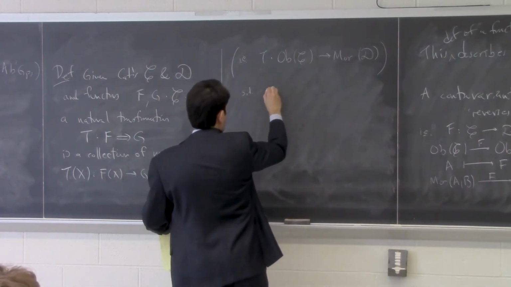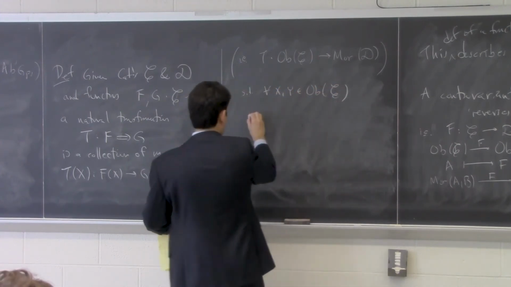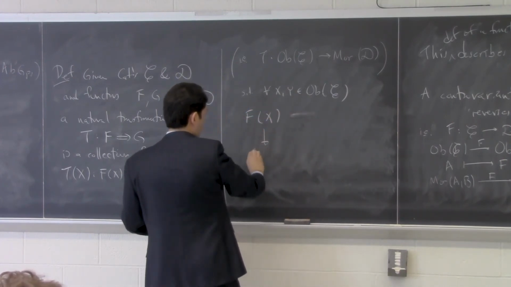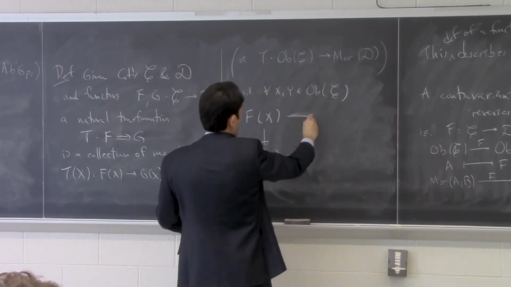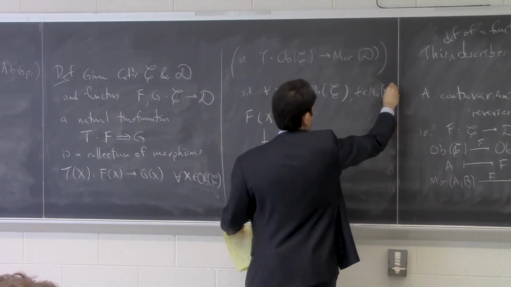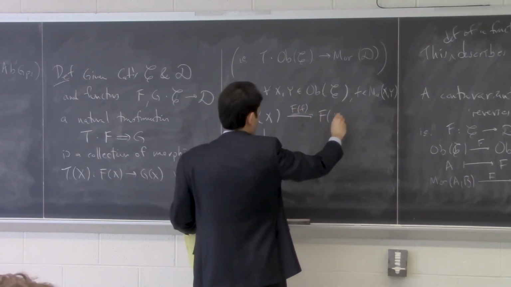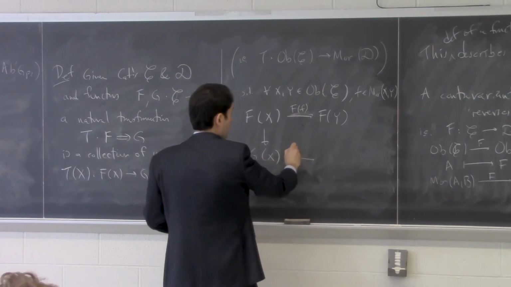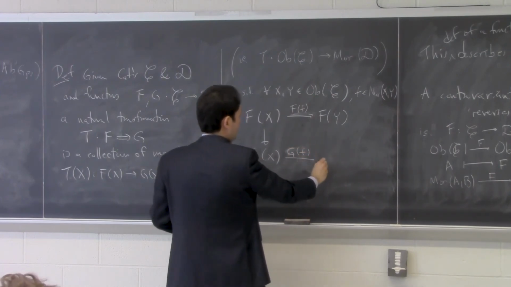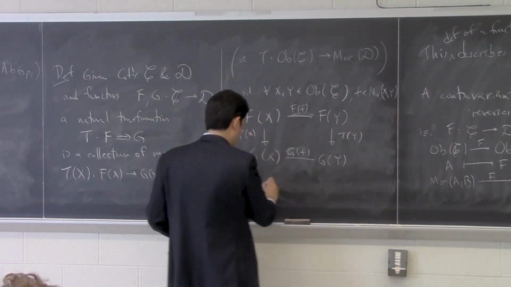Such that for every X and Y in objects in C, and f in morphisms from X to Y, the square with F of X, F of Y, G of X, G of Y, with maps F of f, G of f, T_X, T_Y, commutes.